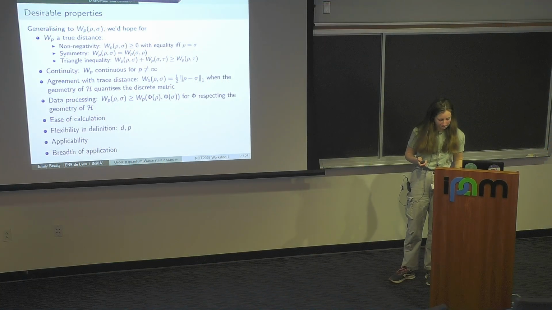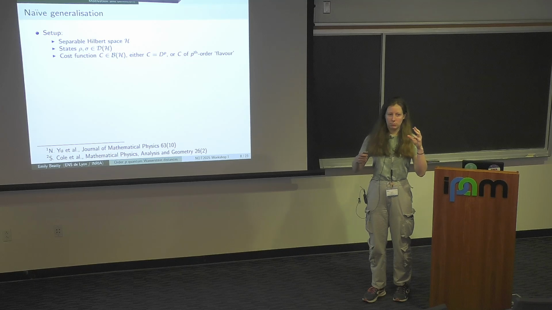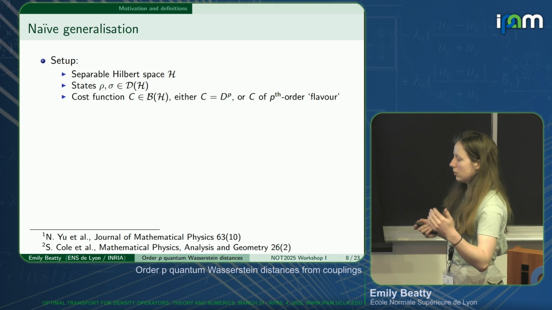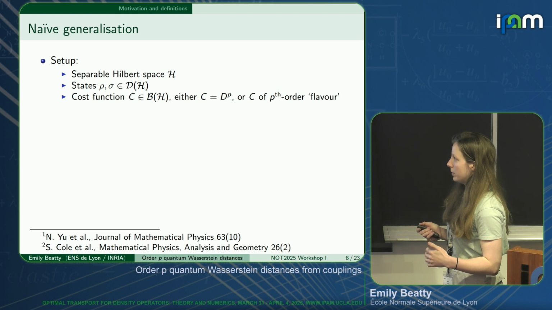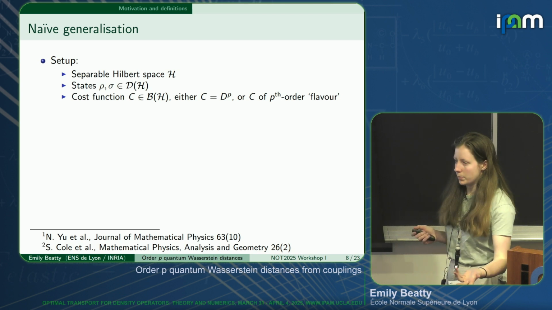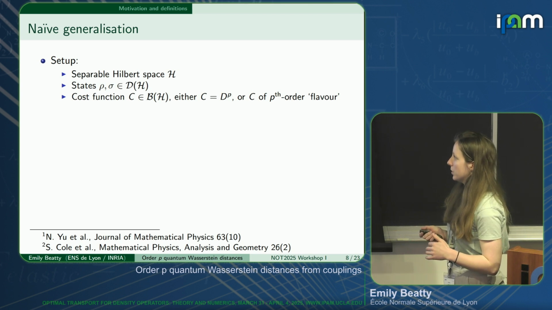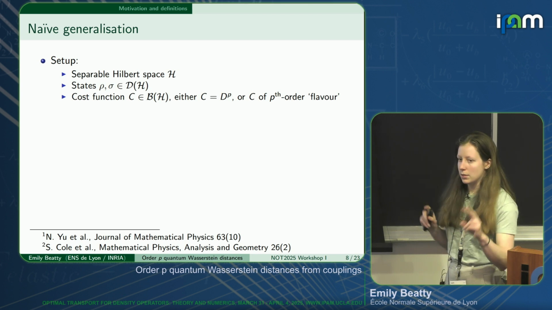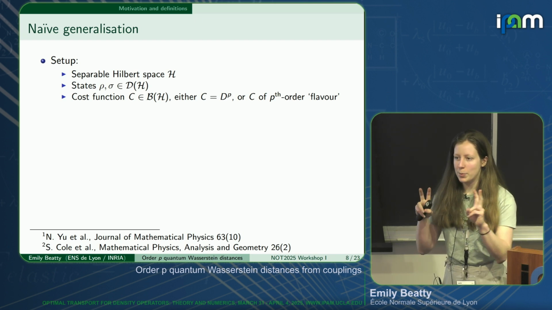So, what would this look like if you just tried to do it naively? In a very naive generalization, if you were to literally translate the classical definition into the quantum setting, you would end up with a Hilbert space replacing your space X. You would end up with states replacing your probability measures, quantum states, and you would end up with a cost matrix, which is either the pth power of some distance matrix, or C, a cost matrix which generally has a pth order flavor.